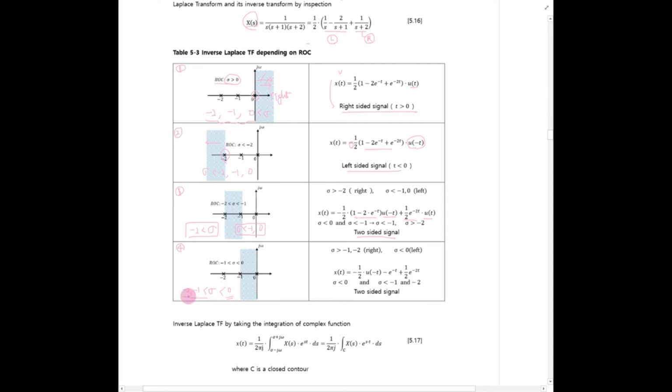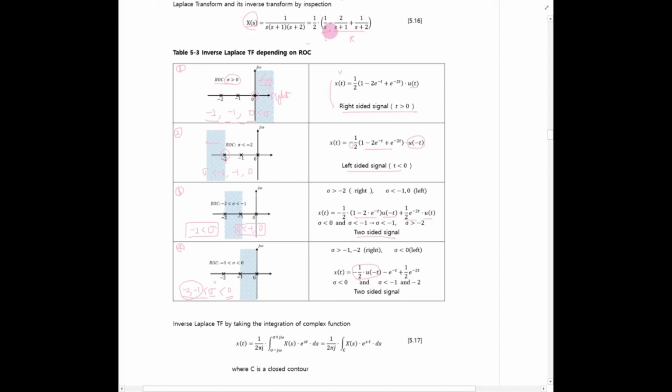So -1, -2 is right-sided. These two poles are right-sided because the region of convergence is located to the right of these poles, and this one is left-sided. We need to interpret this one as left-sided, so that's why it is -1.5 and minus u(t).